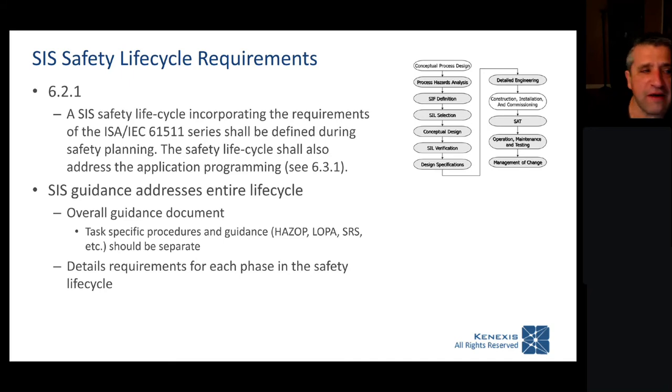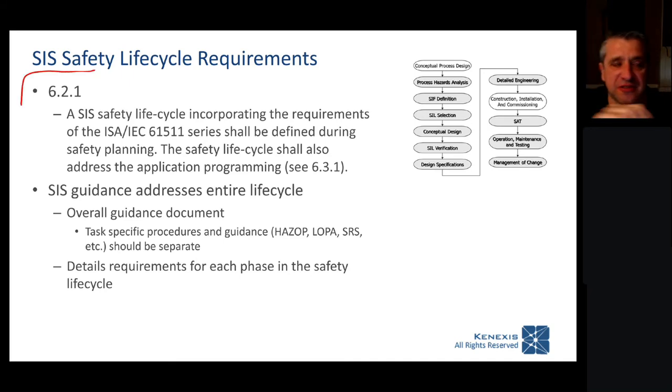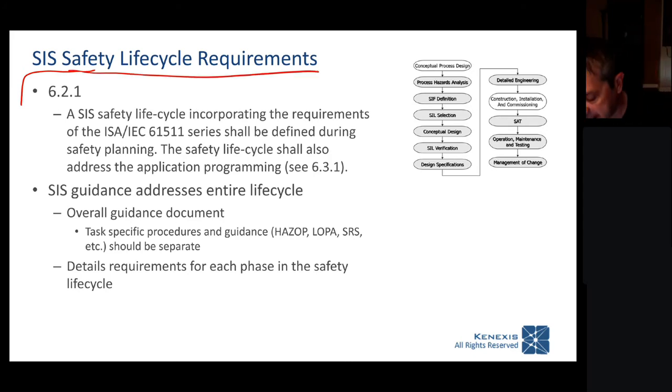Okay, so if I go a little bit further into section 6.2, section 6 talks about the safety life cycle. So that's where the previous figure came from for what the safety life cycle is. And that section gives more requirements on how to implement the safety life cycle in your organization.